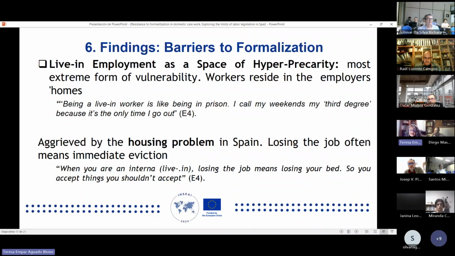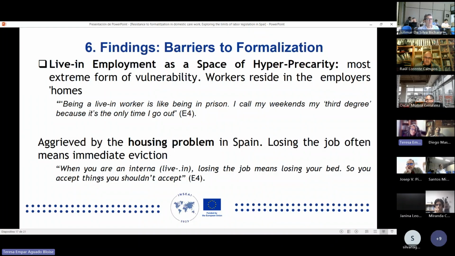Private agencies and digital platforms may seem to professionalize the sector, but often reproduce precarious conditions. Agencies may charge high fees while paying workers low wages.